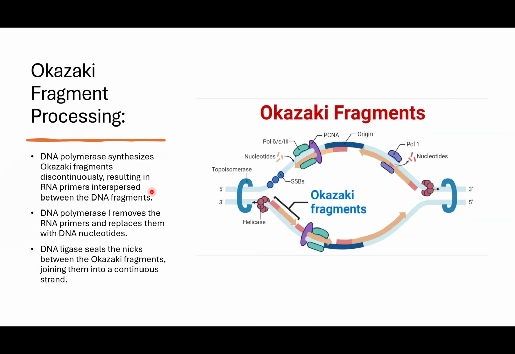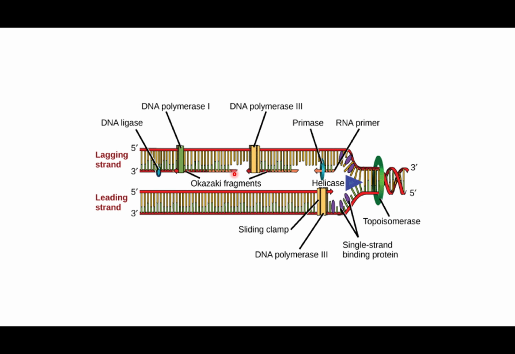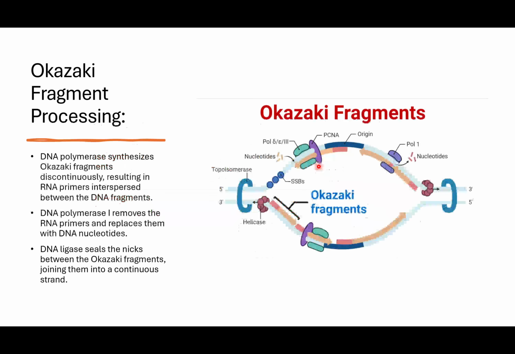So if we look at this now, how do we process these Okazaki fragments? Because they're tiny fragments, they're not like the leading strand that creates generally one main strand. So the DNA polymerase synthesizes the Okazaki fragments discontinuously, resulting in RNA primers interspersed between the DNA fragments. So in between the DNA fragments, you're going to have RNA primers. Polymerase 1 removes the RNA primers and replaces them with DNA nucleotides. So let's look at this place down here.